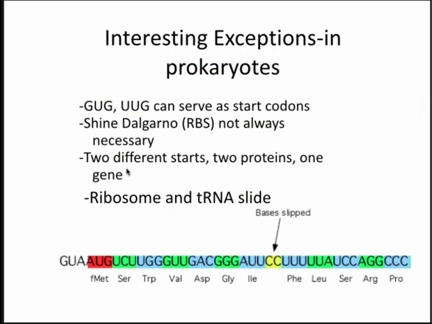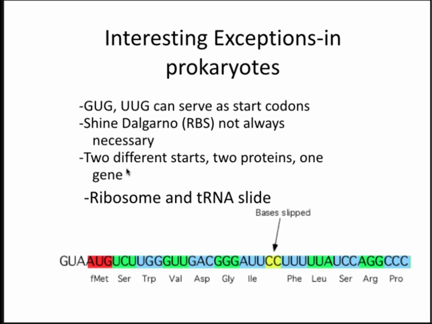Now, before I finish, I want to tell you about a few interesting topics that they don't normally discuss when we talk about the central dogma, which is that there are all sorts of exceptions and lots of examples in prokaryotes and in eukaryotes. GUG and UUG can sometimes serve as start codons. It just depends. The Shine-Dalgarno sequence is not always necessary.